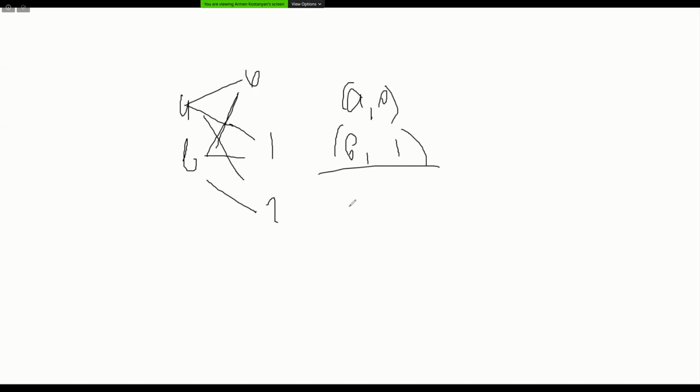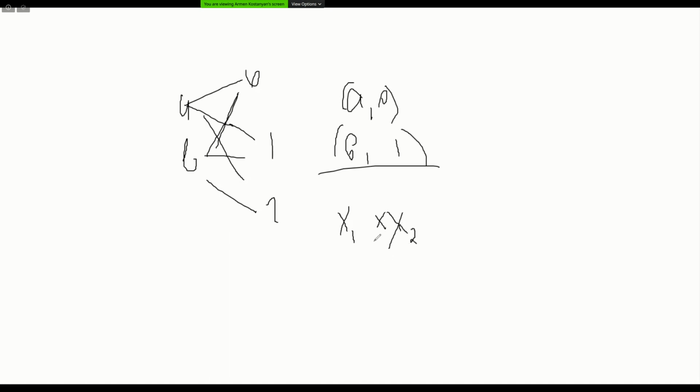We need to choose something like this, x1 and I1. This first one is from the ground set of the first matroid, the second one is from the ground set of the second matroid.